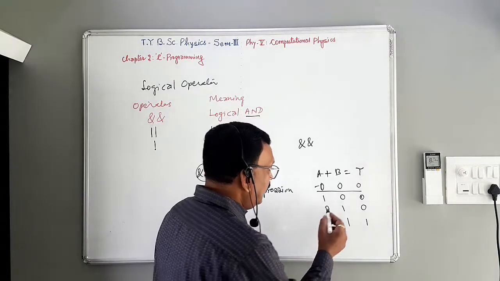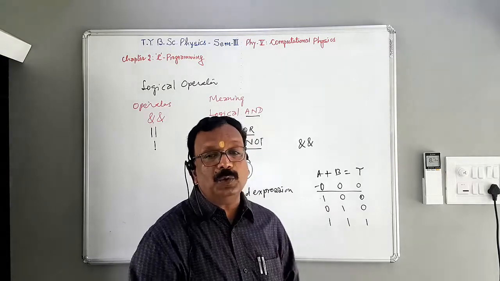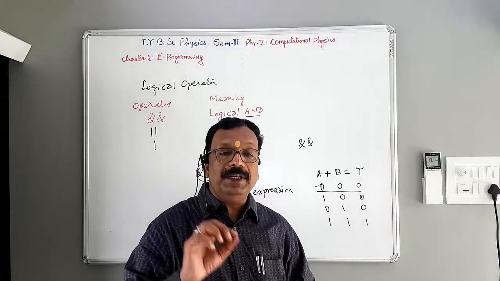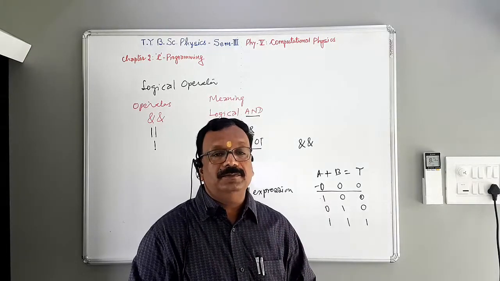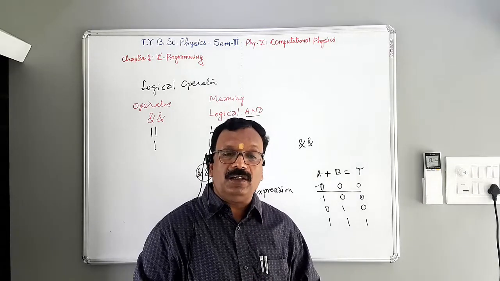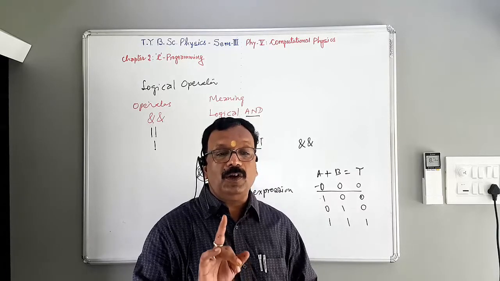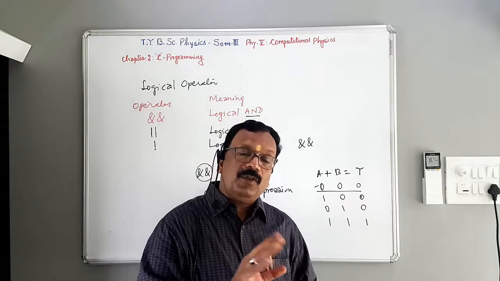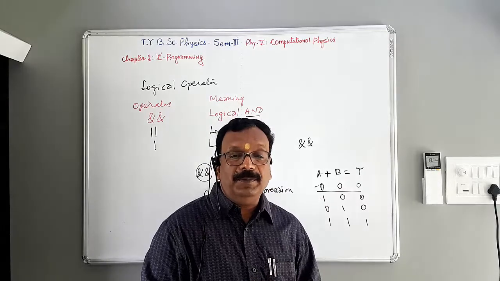Otherwise, if any one of the conditions is true or both are true, then result of logical operator will be true, that is the corresponding loop will be executed. In other words, the result of logical OR operation will be false if both the operands are false. Otherwise, for any one of the conditions, the result will be true.